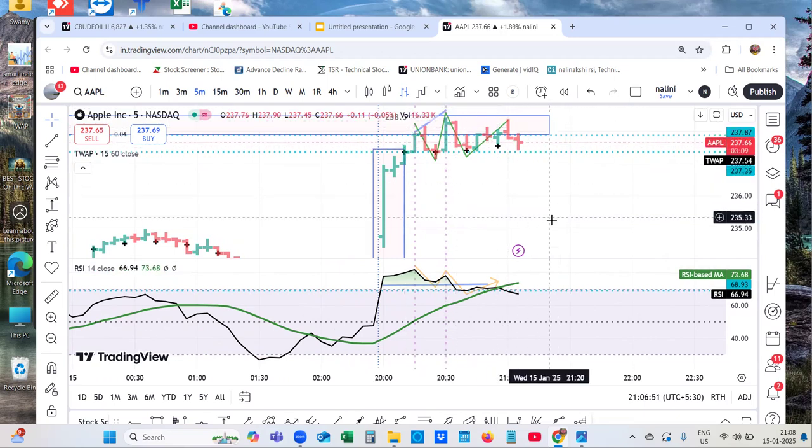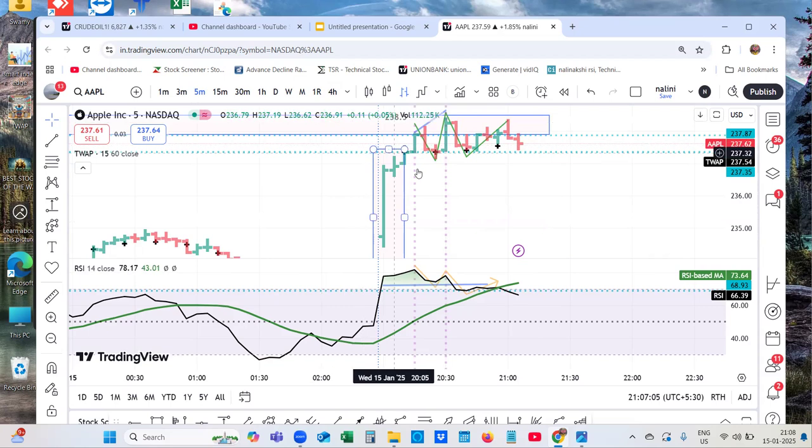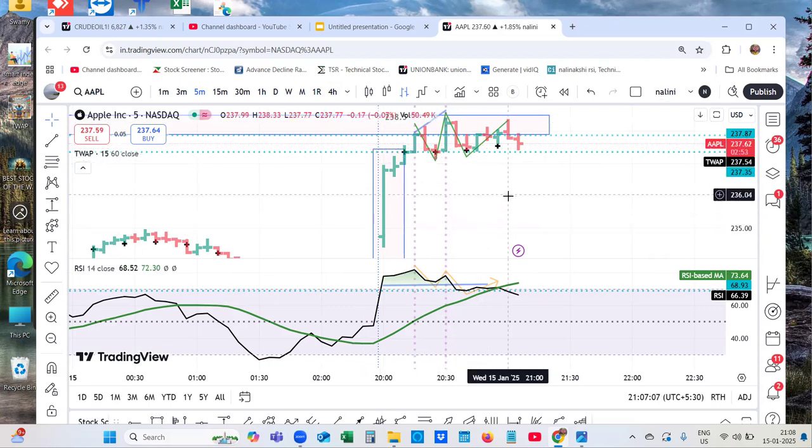Now price is coming down. Still 3 minutes are there. I'm taking pain to record this because it is time consuming. Usually in overbought or oversold condition, when this setup, you need patience.